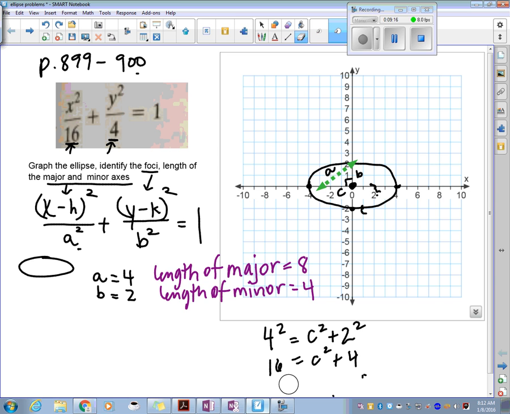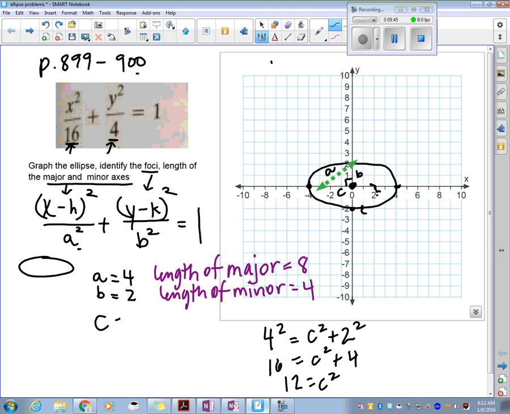It's not always going to be a pretty number, but it does work. No, 12. Thank you. So this is the square root of 12, isn't it?